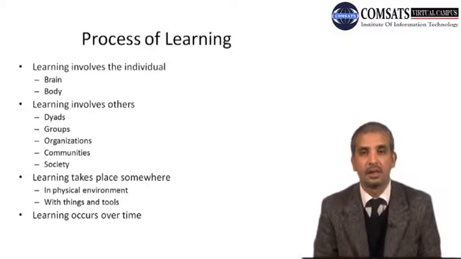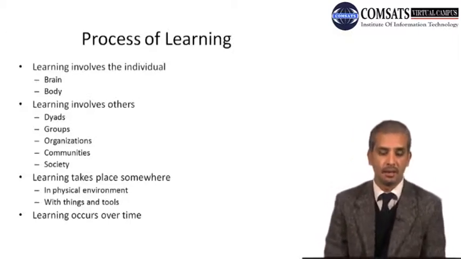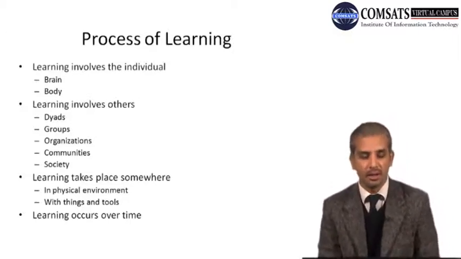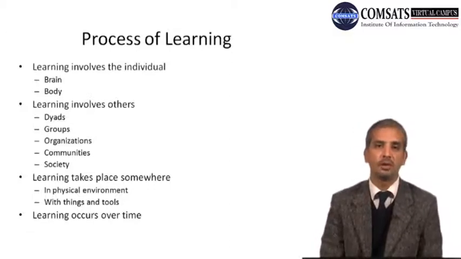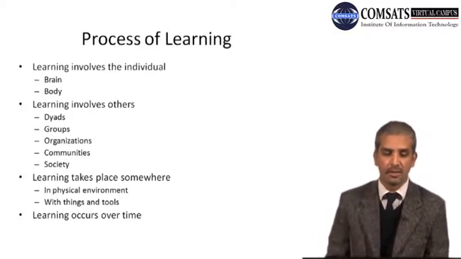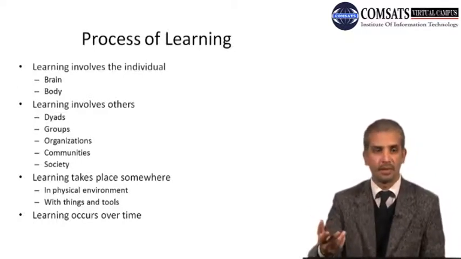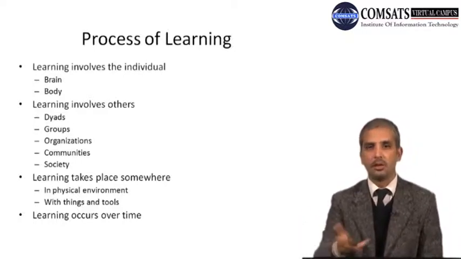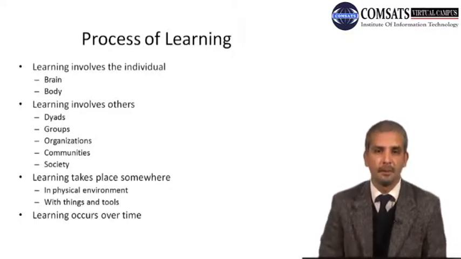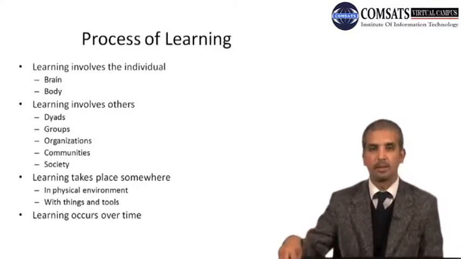Then learning involves other things. Those are dyads, groups, organizations, communities, societies, because you learn from all those environments. Dyads are basically two individuals, for example, husband and wife, two brothers, or brother and sister, a group of two. Now you learn from that pair.